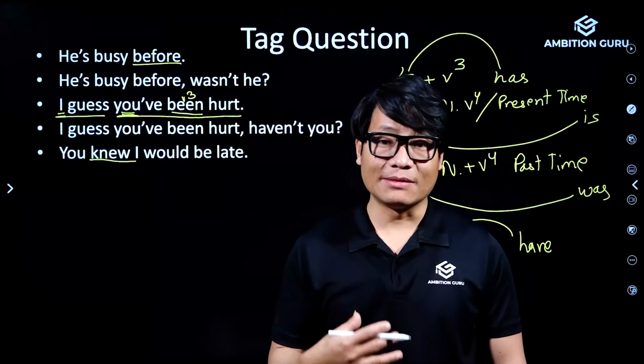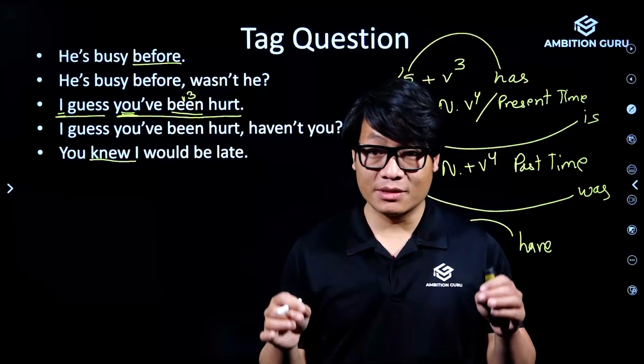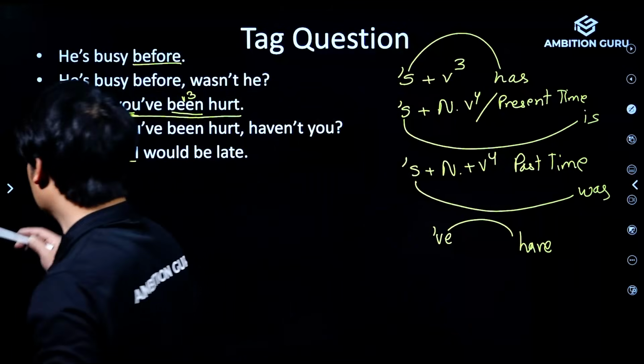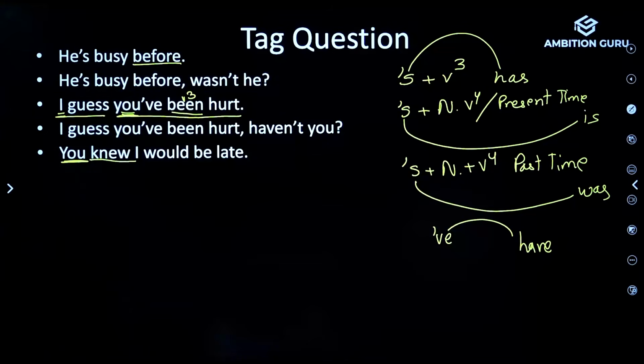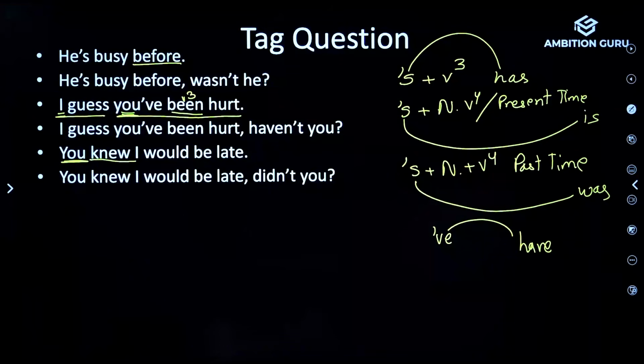Knew is verb 2, so we know the auxiliary verb for verb 2. You is a second person, so focus on this. You knew I would be late. So the answer is, you knew I would be late, didn't you? That's the tag question.